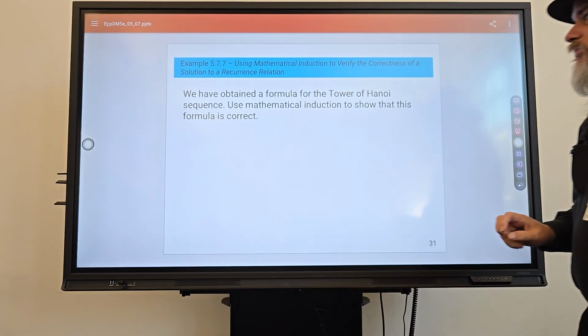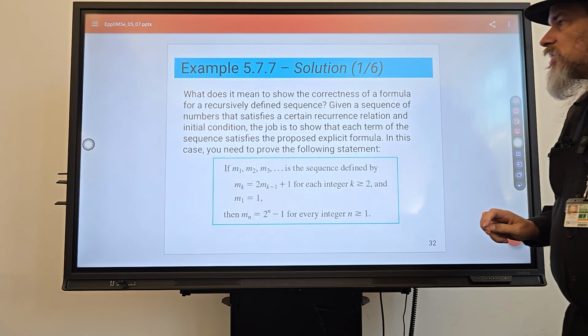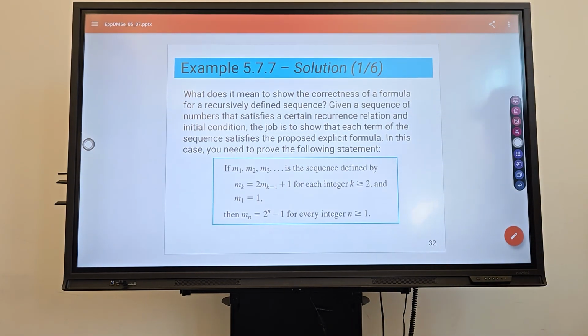We have obtained a formula for the Tower of Hanoi sequence. Use mathematical induction to show that this formula is correct. Well, what does it mean to show the correctness of a formula for a recursively defined sequence? Given a sequence of numbers that satisfies a certain recurrence relation and an initial condition, the job is to show that each term of the sequence satisfies the proposed explicit formula.